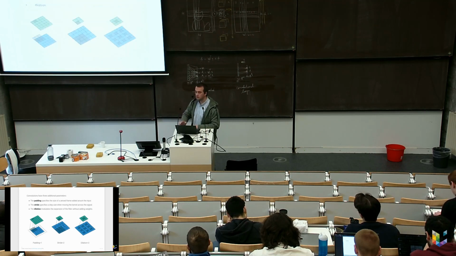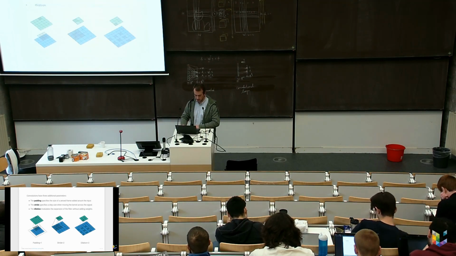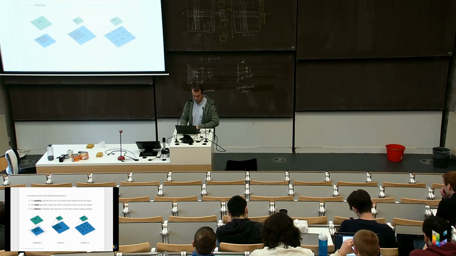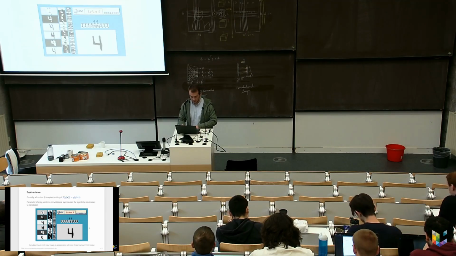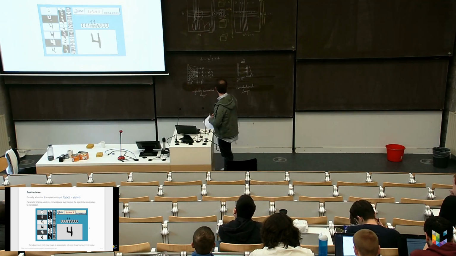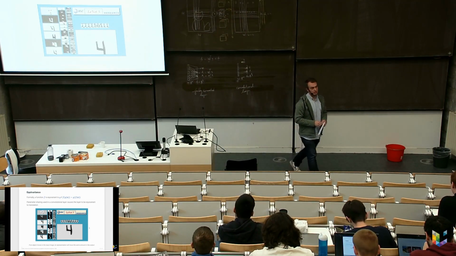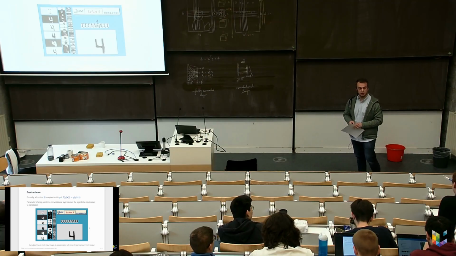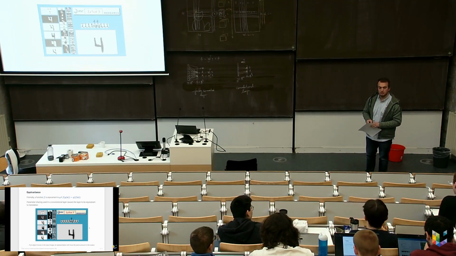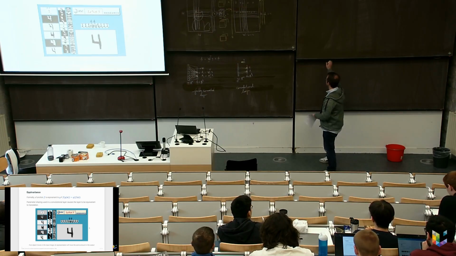But let's say we don't have bias terms in a fully connected layer. Can we express then a convolution as a matrix times a vector operation? Yeah. Mm-hmm. Yeah, exactly. That's the idea.